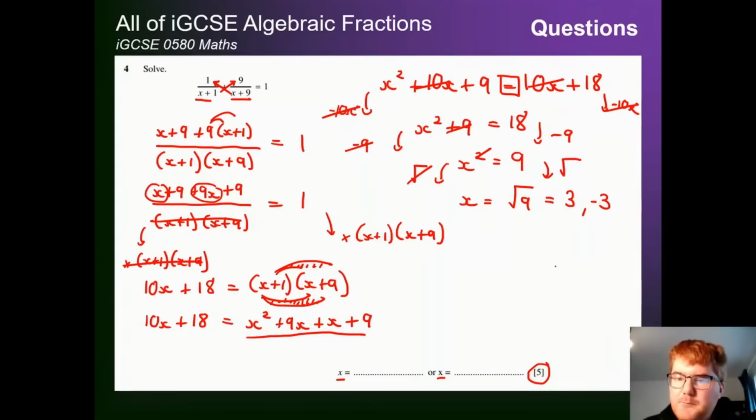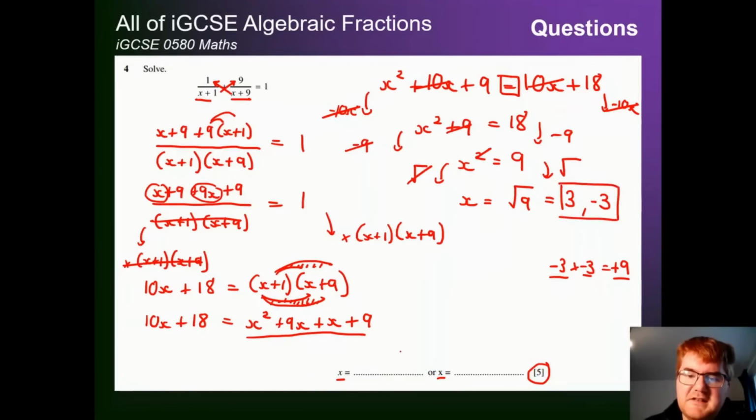Why is that the case? Well, minus 3 times minus 3. Minus times a minus is a plus, and 3 times 3 is 9. So whenever we're square rooting, there are two possible answers to consider. So our very final answer here is x is equal to 3 and x is equal to minus 3, like so.